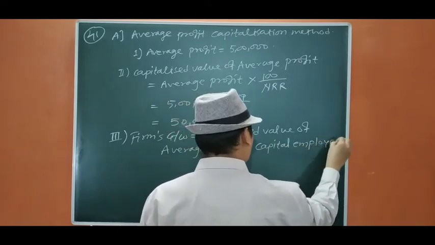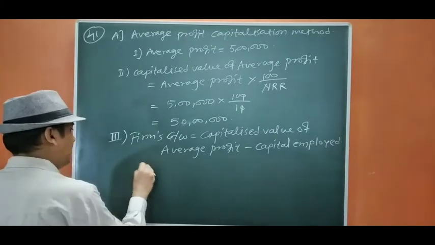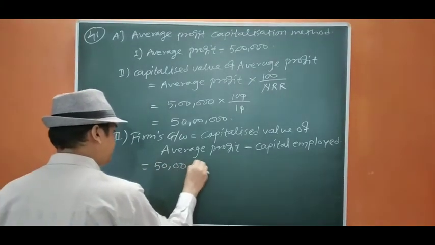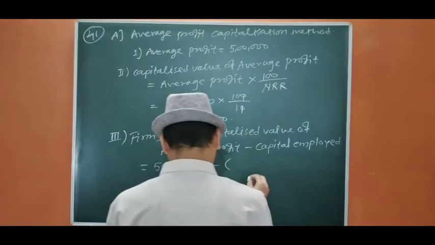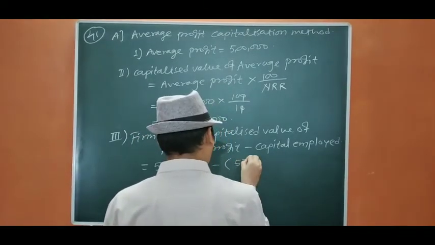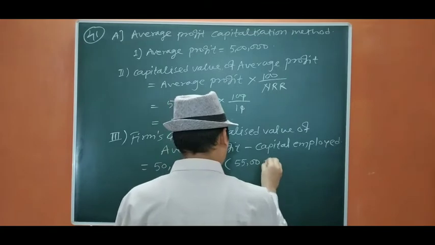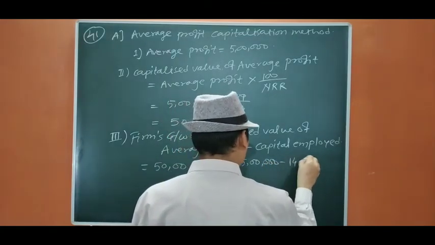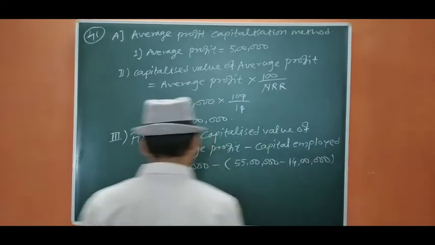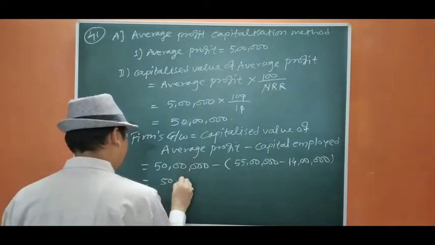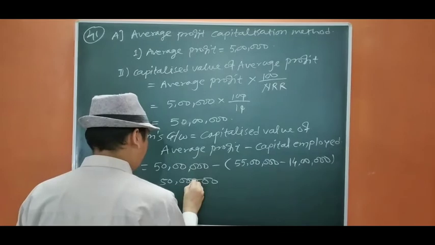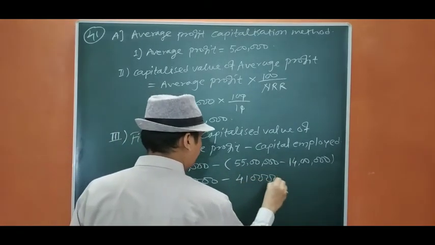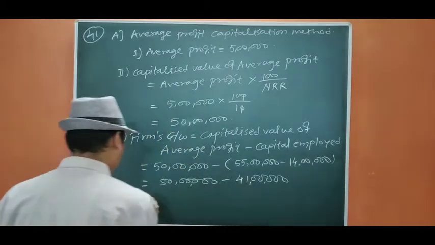The external liabilities are given to us, and on that basis we are going to calculate: 50 lakh minus assets, which are given 55 lakh, and liabilities, that is external liabilities, given 40 lakh. So it will be 50 lakh minus 41 lakh. So it will be 9 lakh.